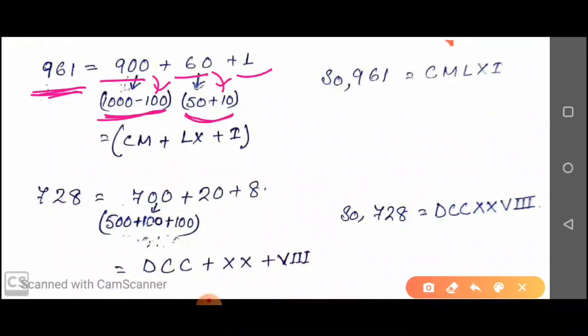So for 1000 minus 100 we have to write CM. CM means M is for 1000 and C is for 100.